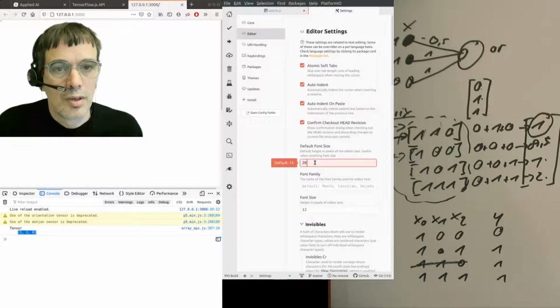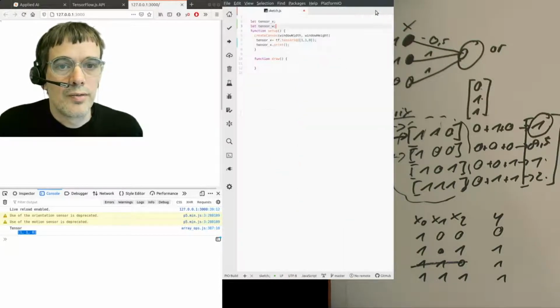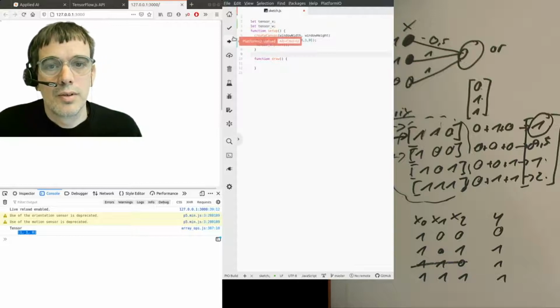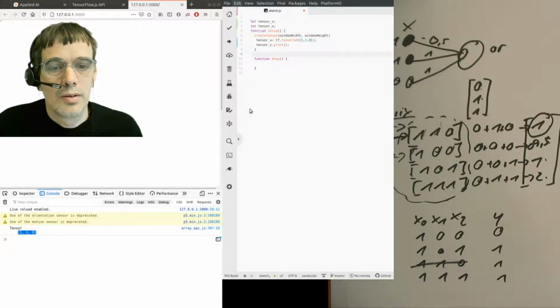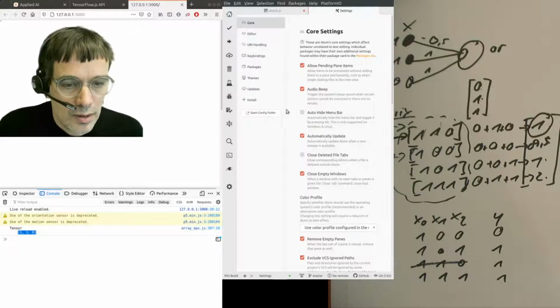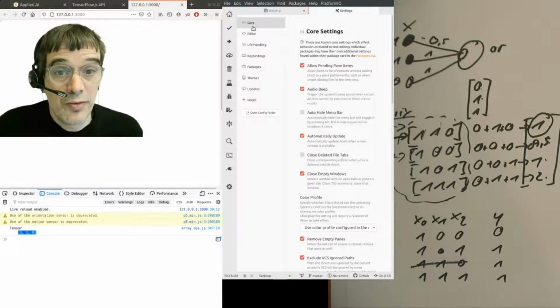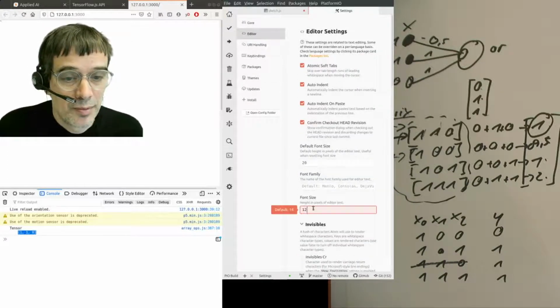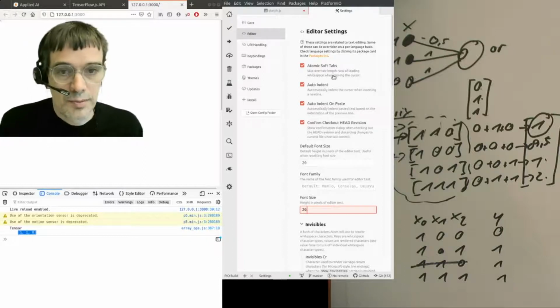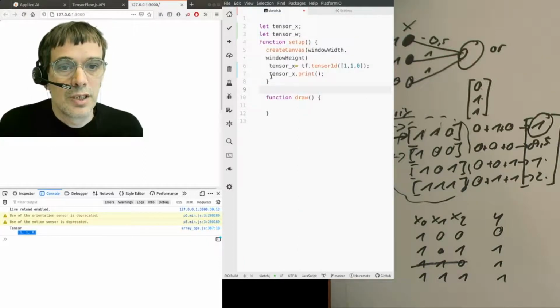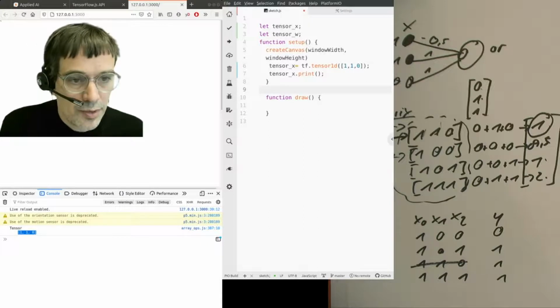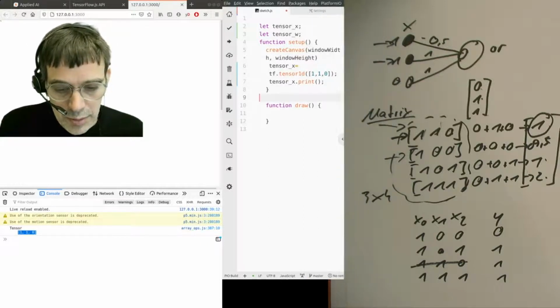Okay, let's see if that has an effect. No. I should have done that before, maybe. So maybe it's here. Yeah, so that should be a little bit better readable for you.